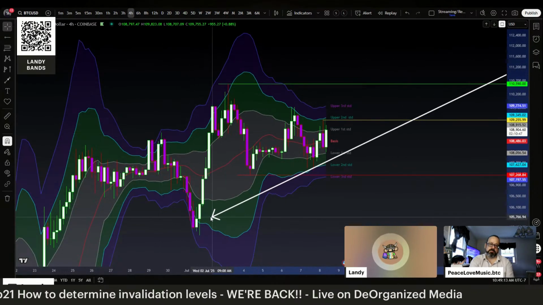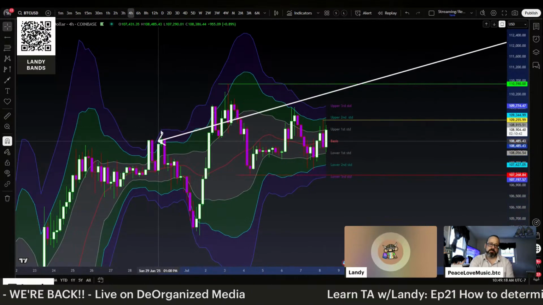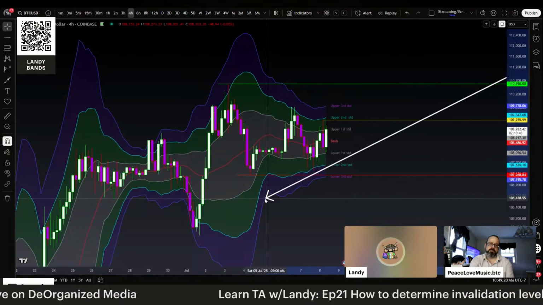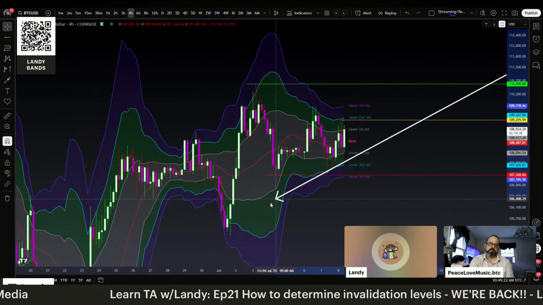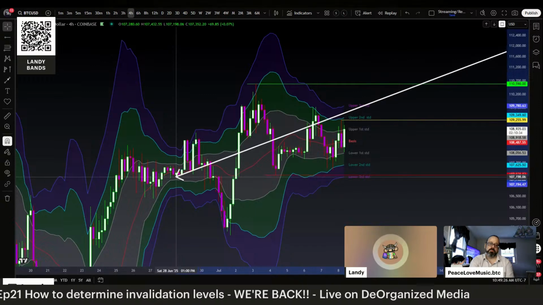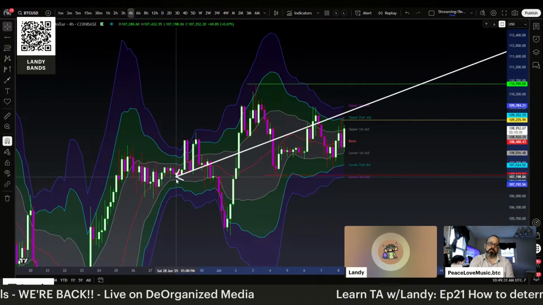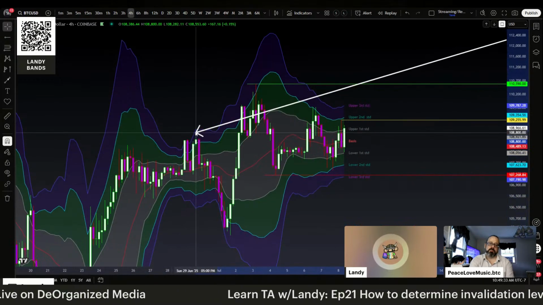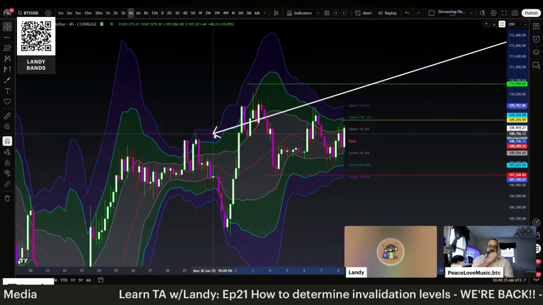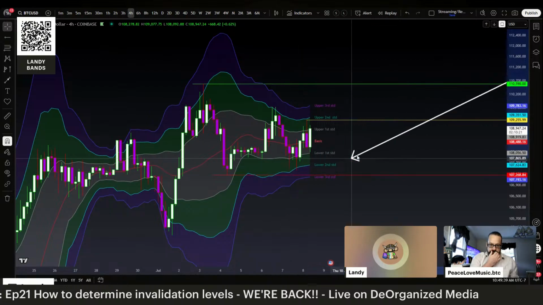If they were betting on it going lower and forming a longer term downtrend, it didn't do that. Their invalidation was hit over here. And same for those who were longing off of this higher low right here. Their invalidation is the breakdown below, right? So they're getting chopped out to the downside, and these guys get chopped out to the upside. So we get a sharp move down and a sharp move back up. And now we're back in consolidation.